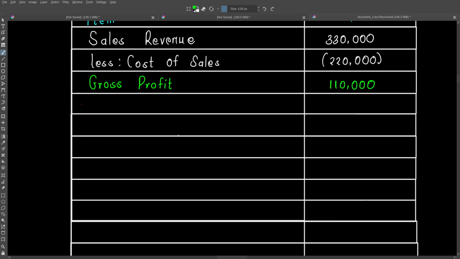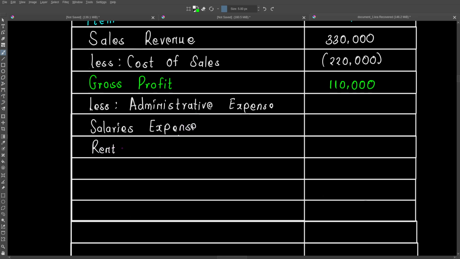And what do we do? We less administrative expenses. So here we are going to list the administrative expenses. We have salaries expense, rent expense, utilities, insurance.